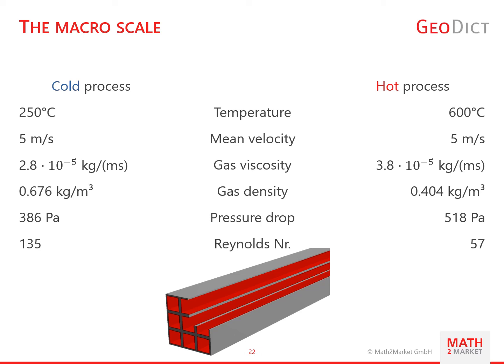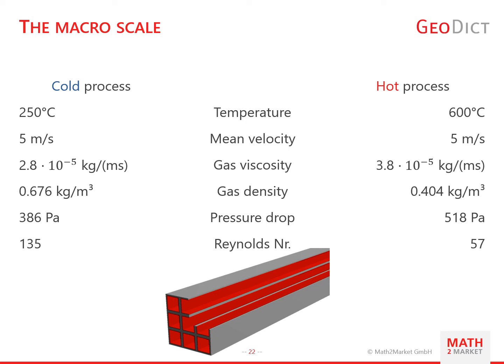So the gas density in the cold process is a little bit higher than in the hot process. If we take a look at our pressure drop, we can see that for the cold process it is about 386 Pascal, and for the hot process it is 518 Pascal. The pressure drop will go up if we have hot gas flow.